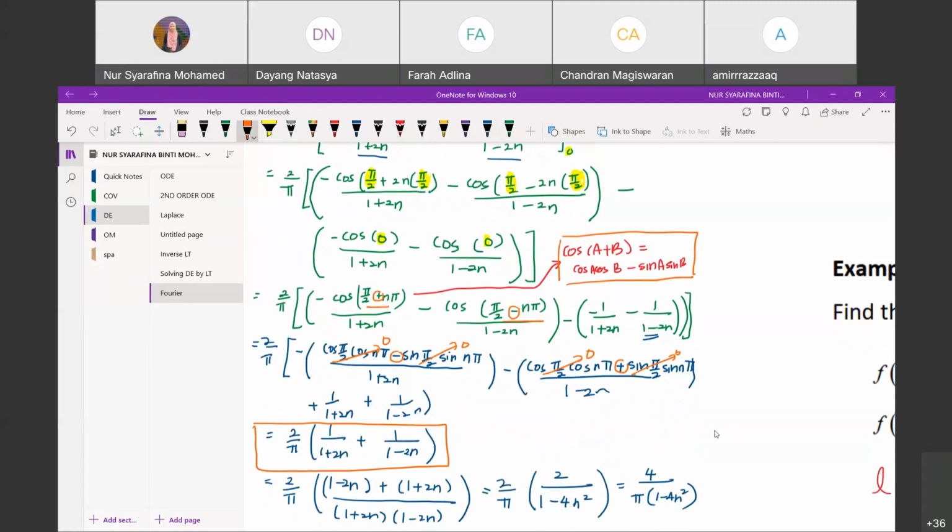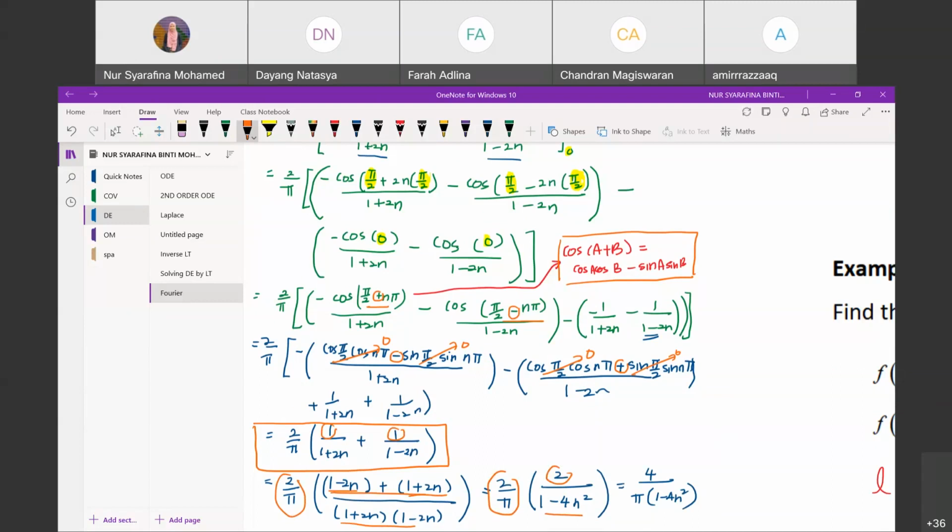So now what you have to do is simplify. Make sure that the denominators are equal. So you multiply 1 here with 1 minus 2n, and 1 here with 1 plus 2n, to make sure the denominators are equal. Then simplify here 2 over pi, here 2 over pi, and this one becomes 2, and this one expands to become 1 minus 4n squared.